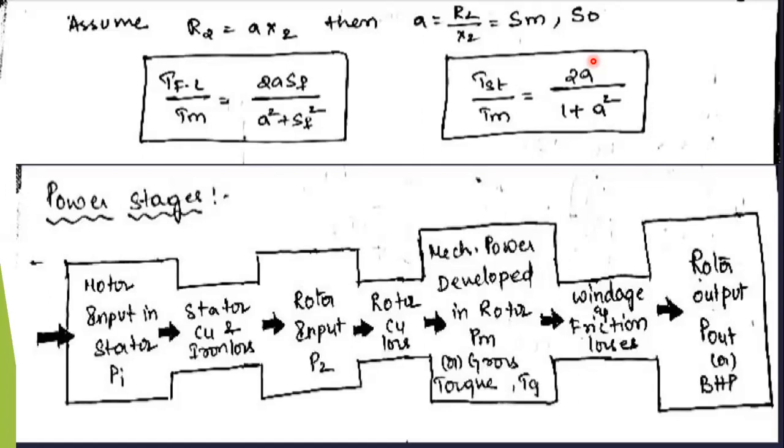Coming to the rotor losses, rotor copper loss is equal to 3 I2 square R2. At the time of running conditions, you have to take the rotor copper loss.